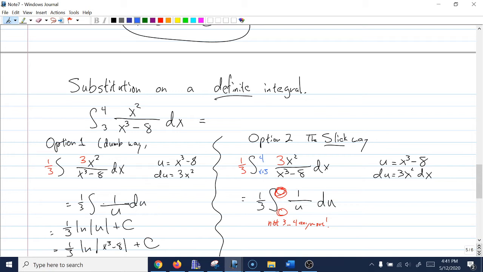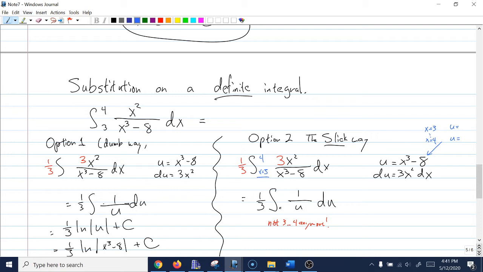What are my new u values? Well, I have the way to convert x values into u values right here. x equals 3 and x equals 4 become u equals something and u equals something. When x is 3, u is 3 cubed minus 8, which is 19. Okay, I remember doing that earlier.